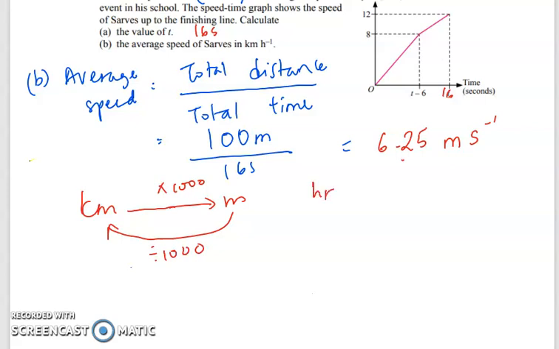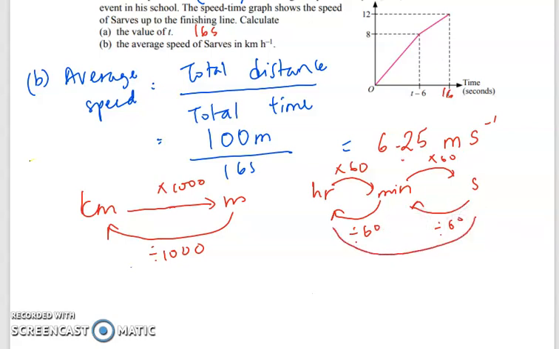Right, and then hour to minutes to seconds. So hour to second is times 60, minute to second times 60. Second to minute, divide 60. Minute to hour, divide 60. So we have to divide 60 twice. So second to hour is actually divide 3600.